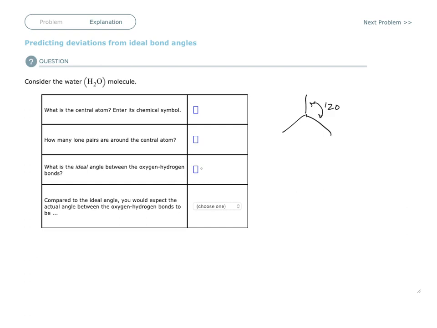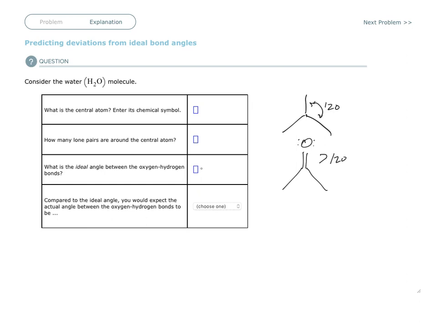So for instance, if you were to have something like a double bond, the double bond is going to squeeze these two together just a little bit more, so this is going to be greater than 120. It pushes it just a little bit away.